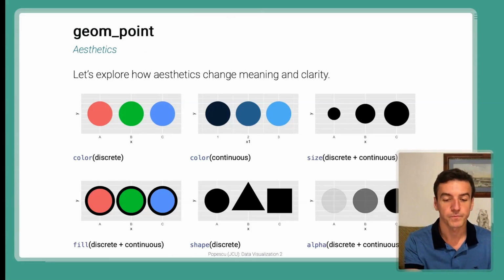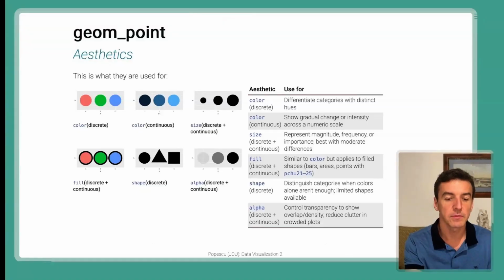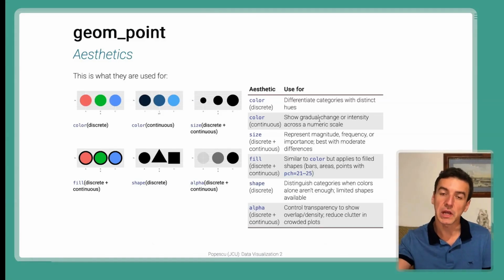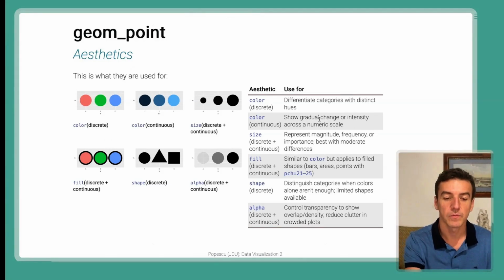So just to recap, we can have different colors when we want to differentiate between different categories. We can have continuous colors when we want to show gradual change in a continuous variable. We can have different sizes for different discrete or continuous variables.